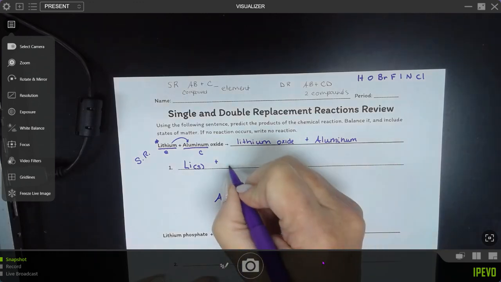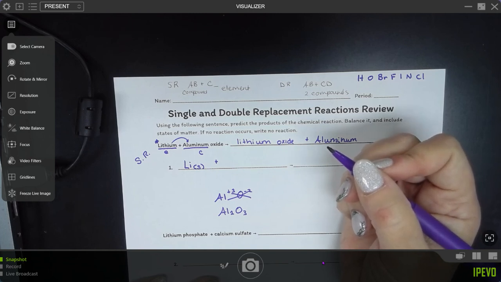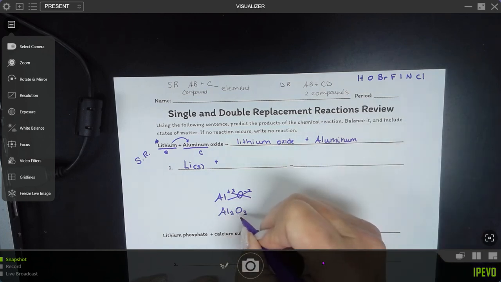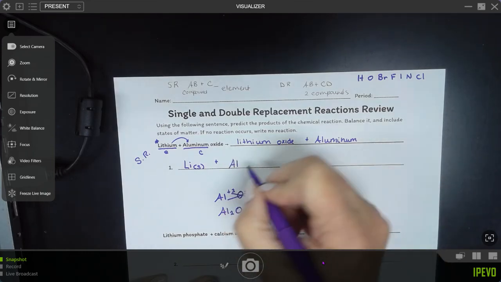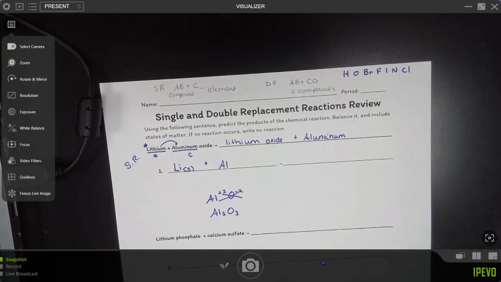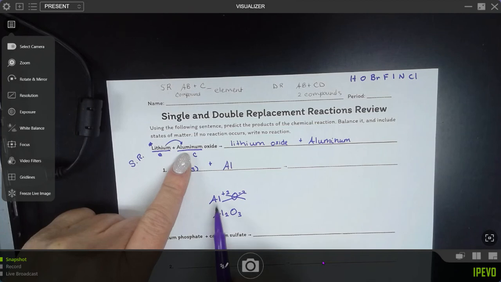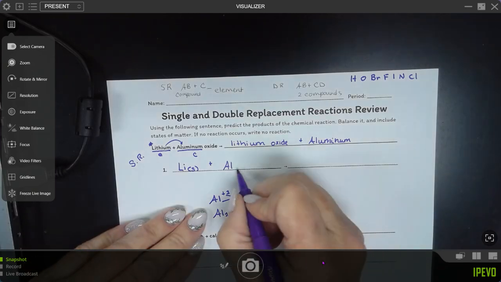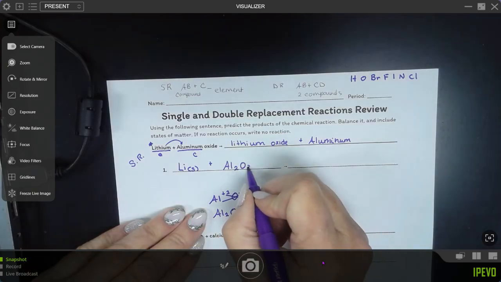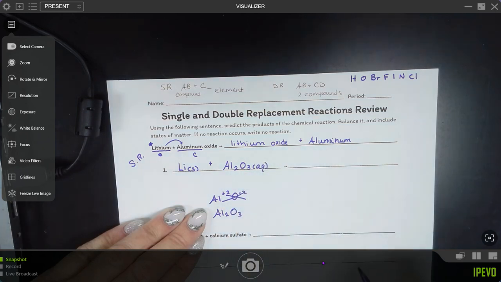Being able to write formulas is key for this unit. If you're still not knowing how to come up with the compound, you've got to figure that out. The key is it's always the same. Anytime you have 2 elements combined, you look at the charges and crisscross them to make a stable compound. So this is Al2O3. We said in single replacement, our compound is aqueous.